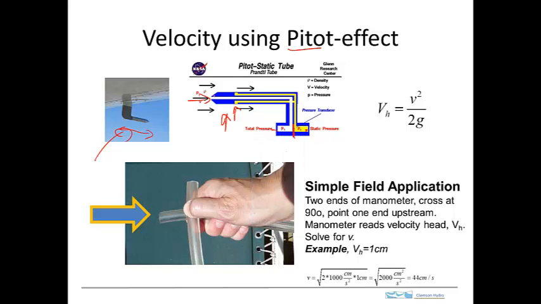And so when you have flow, the hydraulic head that is felt right here is the total hydraulic head. So it's pressure head plus elevation head plus v squared over 2g. That's what's felt in this center tube here.